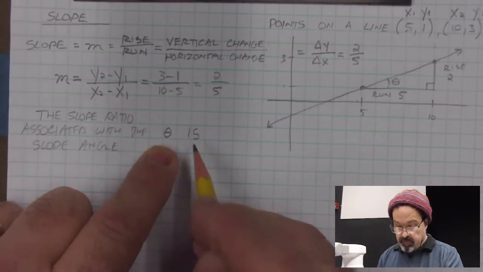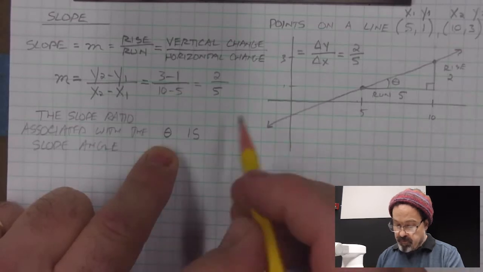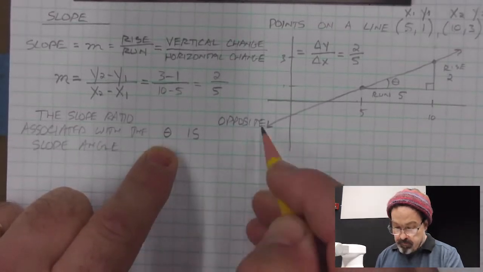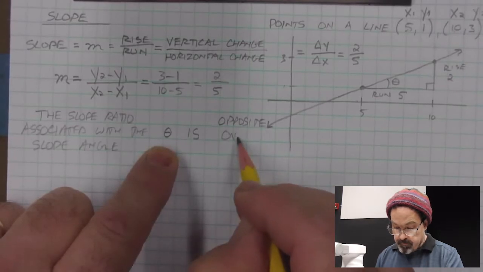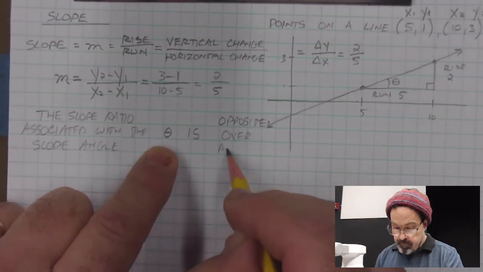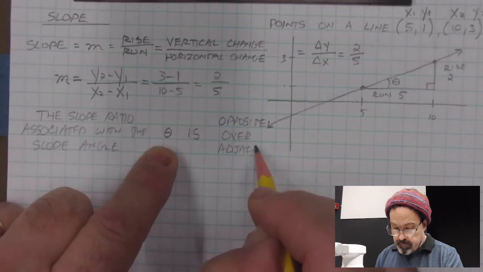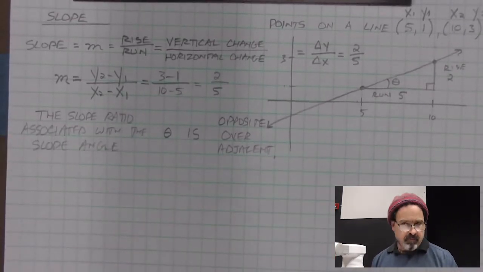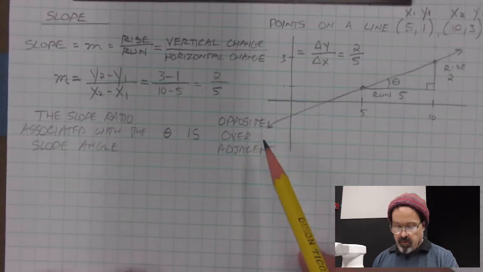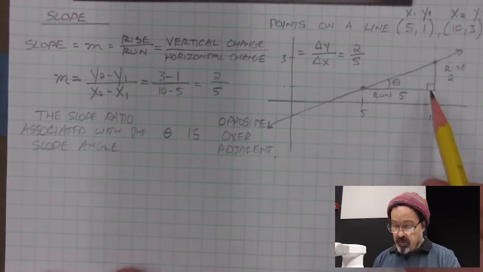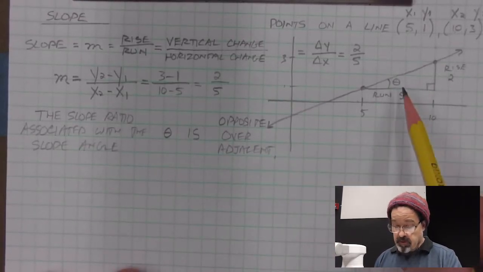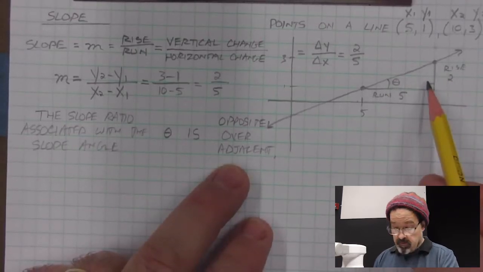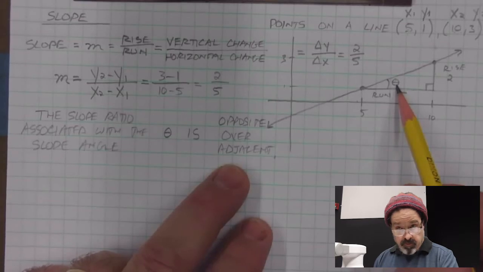is opposite over adjacent. Opposite over adjacent from what? Well, the opposite and the adjacent that we're talking about are the sides in the right triangle that are opposite and adjacent to the slope angle that we're talking about.